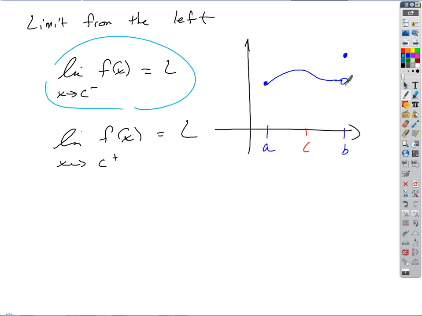If that limit exists and the function exists and they're equal, that takes care of that endpoint, right? What about on the other side? Same concept, but now the limit as the ant approaches A from the right would have to exist and equal f of A, okay?